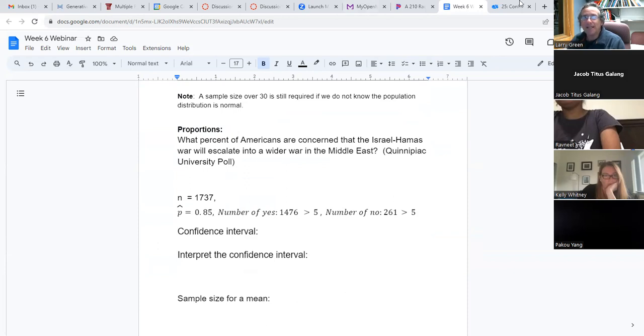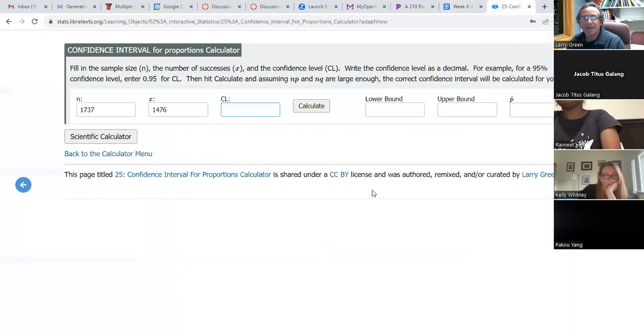So now we're ready. Let's do 95% and calculate. Notice the margin of error is not that big because we have a very big sample size. How about four decimals?